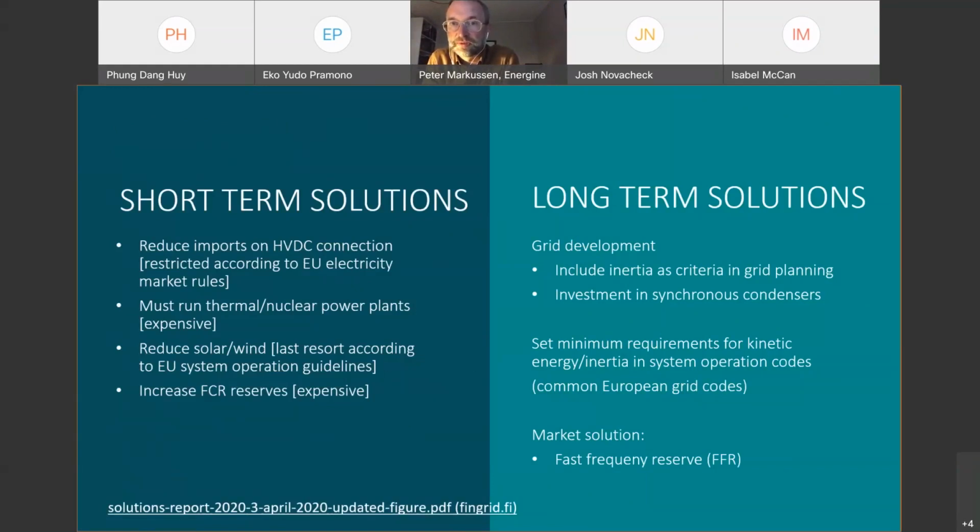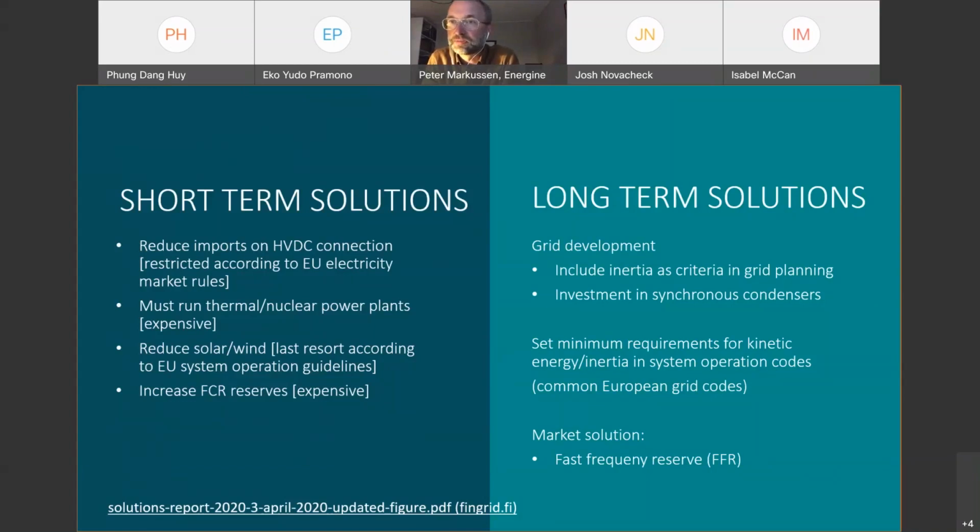We could also have a must run on thermal power plants and nuclear power plants, but that is quite expensive. We can reduce solar wind production, but that is also last resort according to EU system operation guidelines. And then a possibility could also be to increase our FCR reserves, but that's quite expensive. So that's what we could do in the short term.